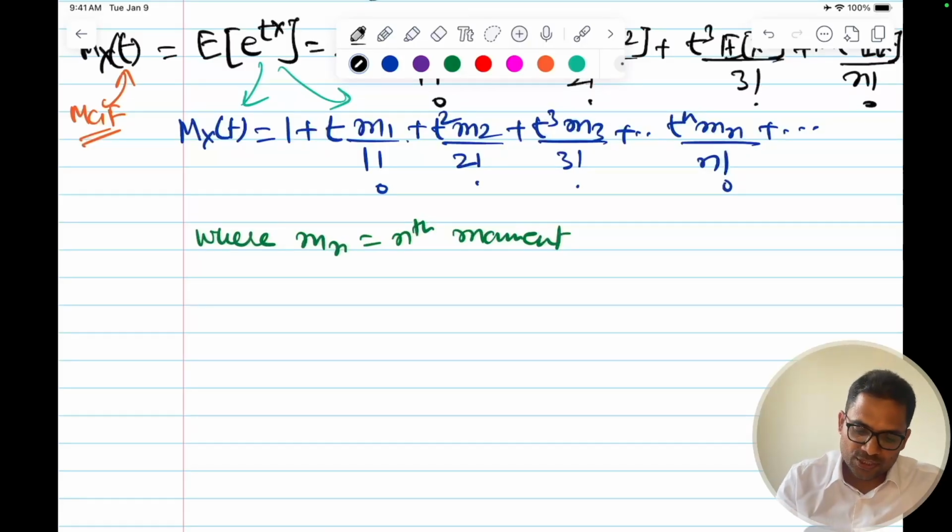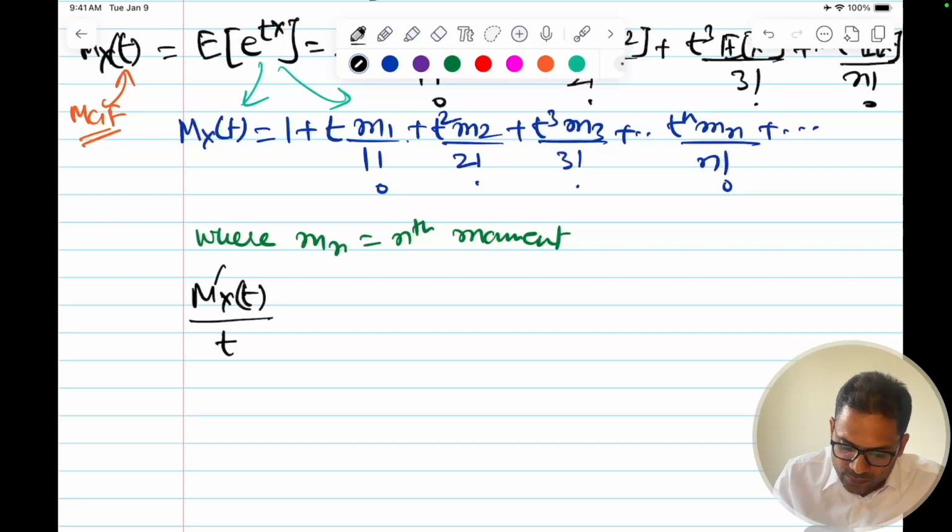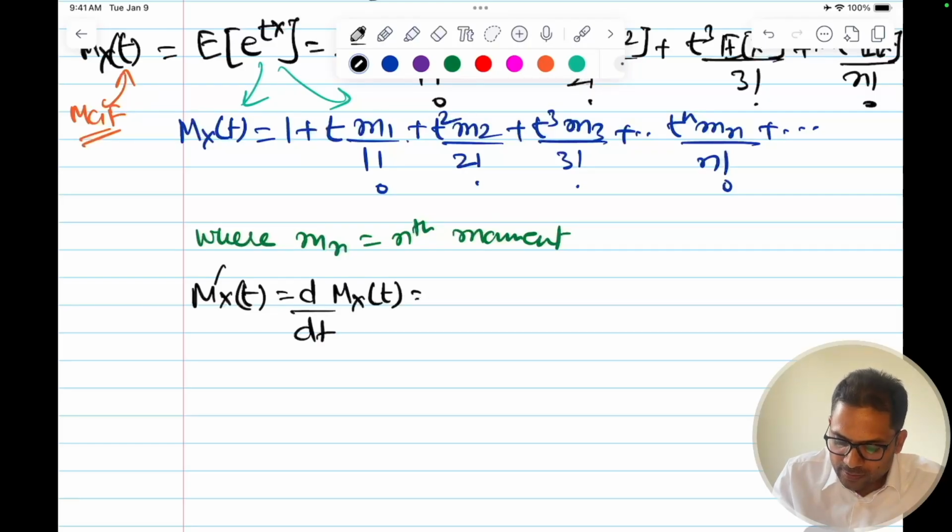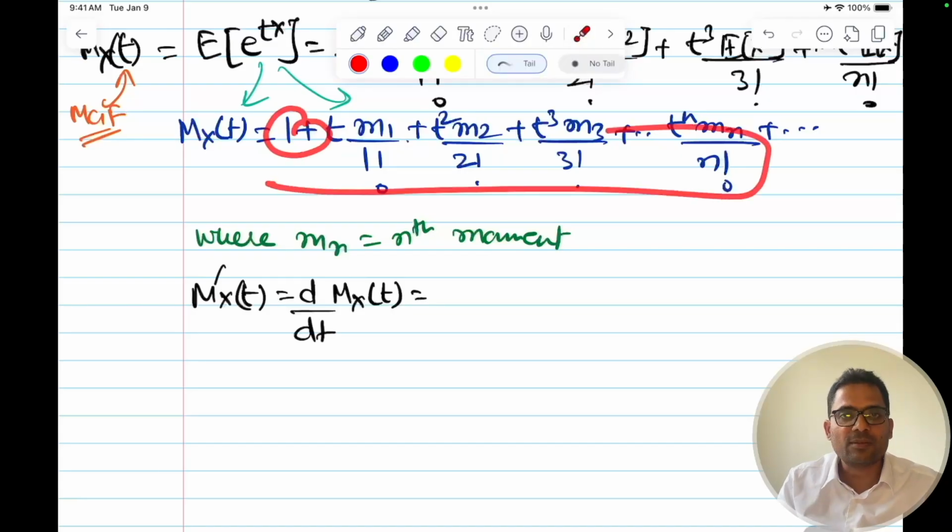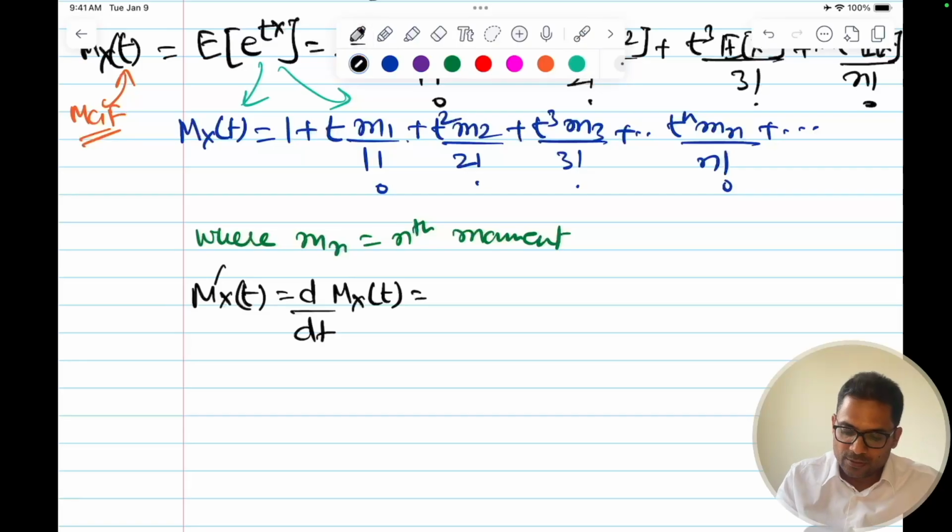If we differentiate Mx(t) with respect to t, first derivative, this is M dash x(t), equal to d by dt of Mx(t). What will this give? This is the equation of Mx(t). This one is constant, so it becomes 0.